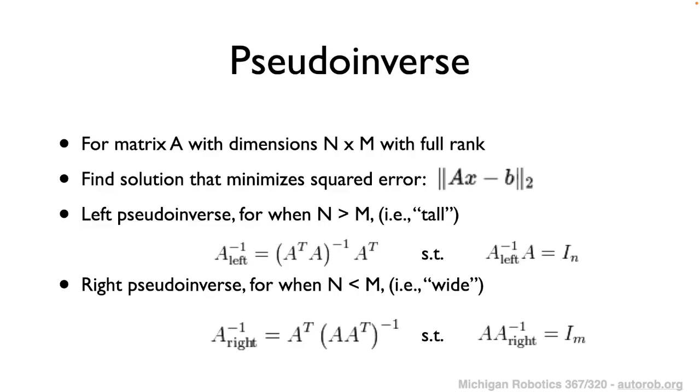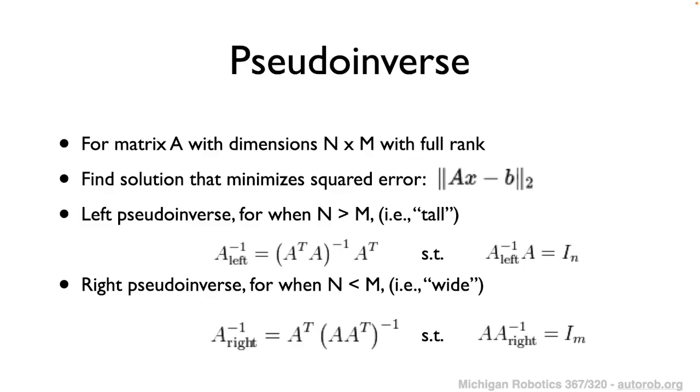The right pseudo-inverse, on the other hand, is for cases where the number of rows is less than the number of columns, and it has a similar but slightly distinct definition, which is shown on this slide. These pseudo-inverse definitions will be useful as we work with inverse kinematics in some of our upcoming projects.